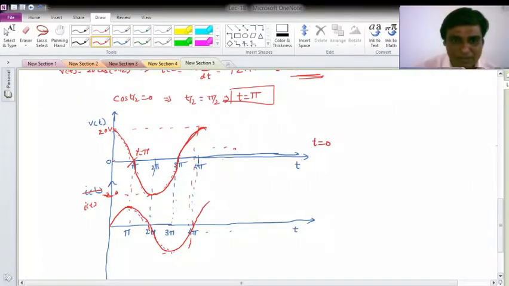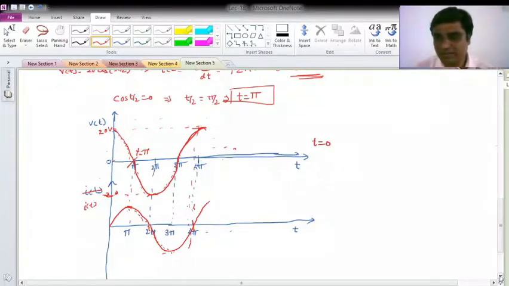And then what will happen if the current through the inductor is 0 at 4 pi? What I am observing, the capacitor voltage is maximum at t is equal to 4 pi, right? So this way the capacitor is charging and discharging, similarly the inductor also charging and discharging.